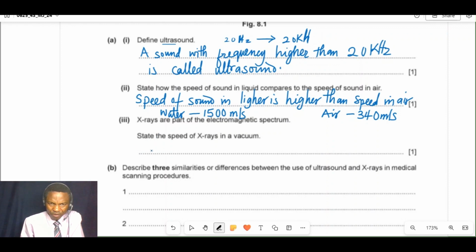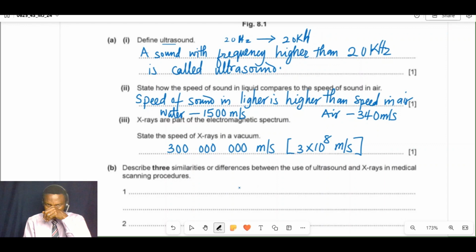So X-rays travel with the speed of 300 million meters per second, which is written as 3 times 10 raised to power 8 meters per second. That is the speed of X-rays in a vacuum.